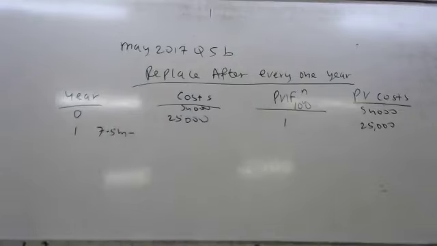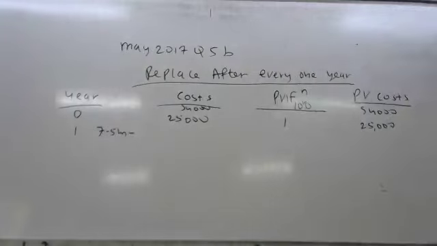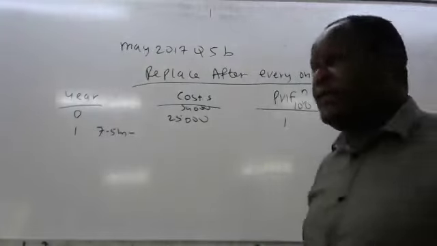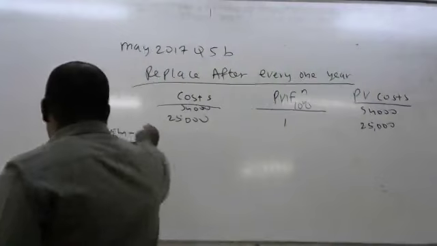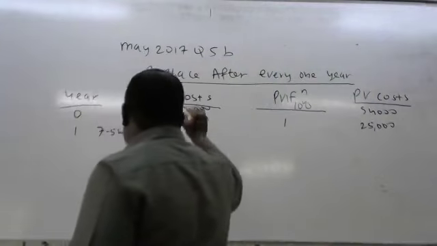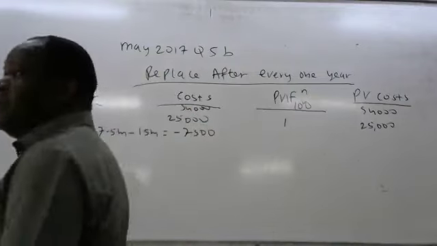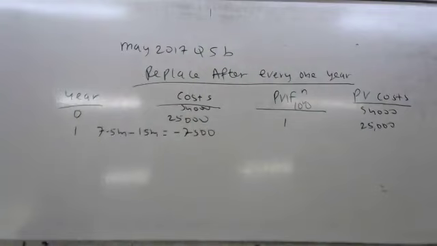When you sell, you subtract, because you are getting the net cost. So we minus the 15 million, and we get a net negative 7.5 million.